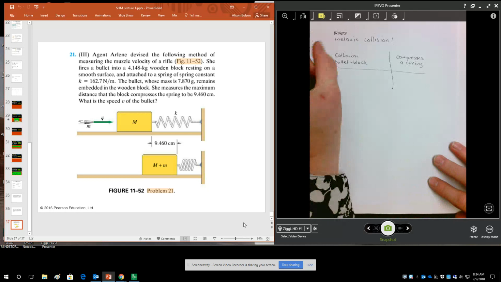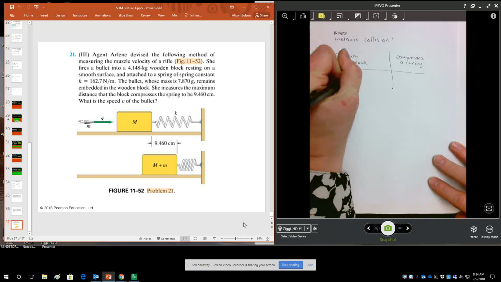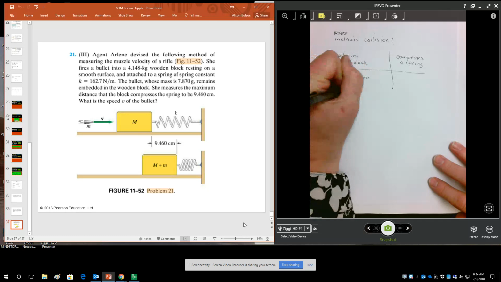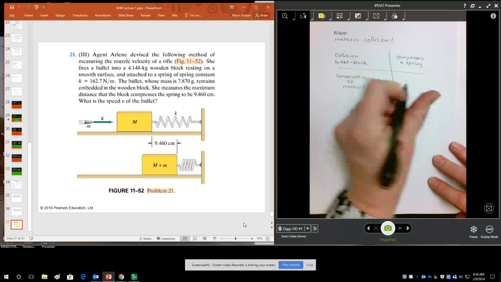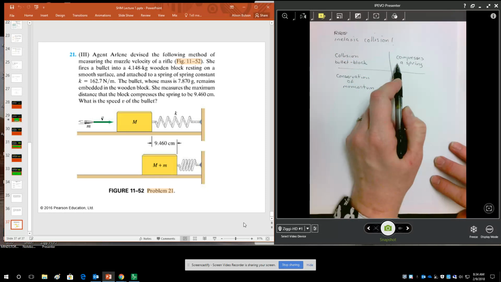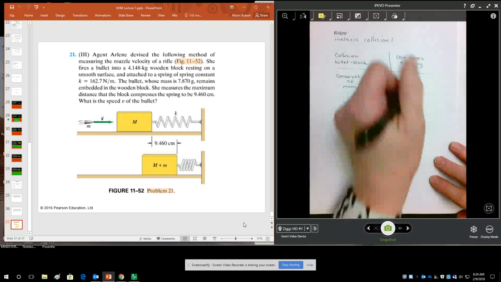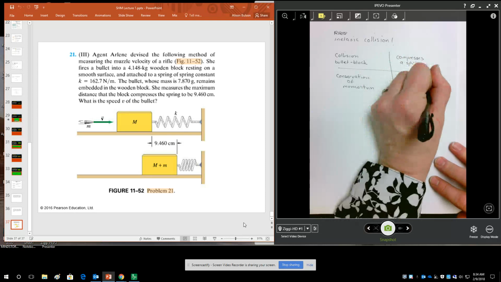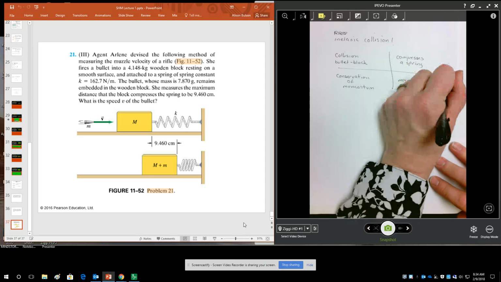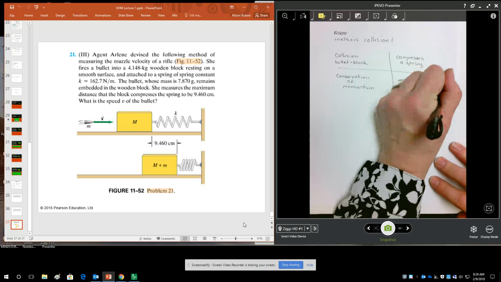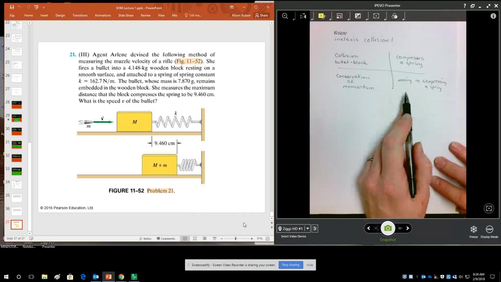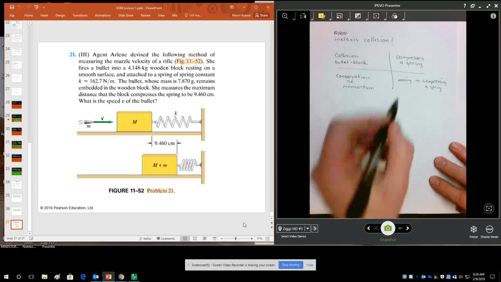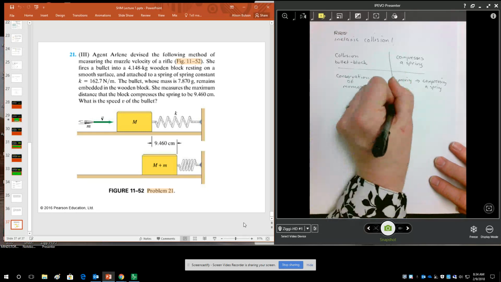The collision makes me want to think about conservation of momentum, since I have something moving on a frictionless surface and I know its mass. But moving to compressing makes me feel like energy and conservation of energy. So I'm going to see if I can solve it with conservation of energy.